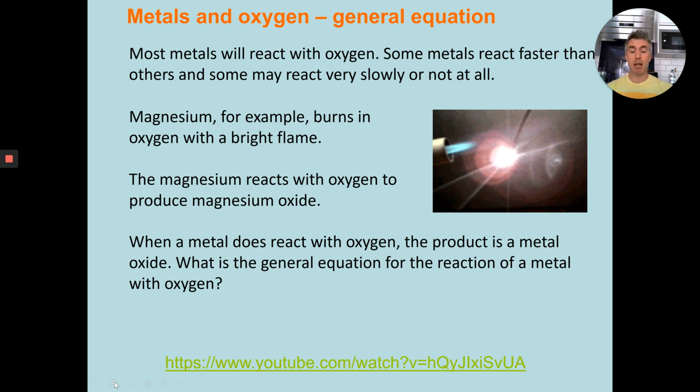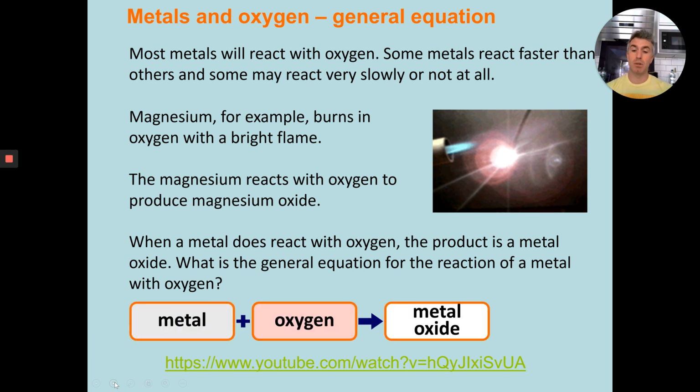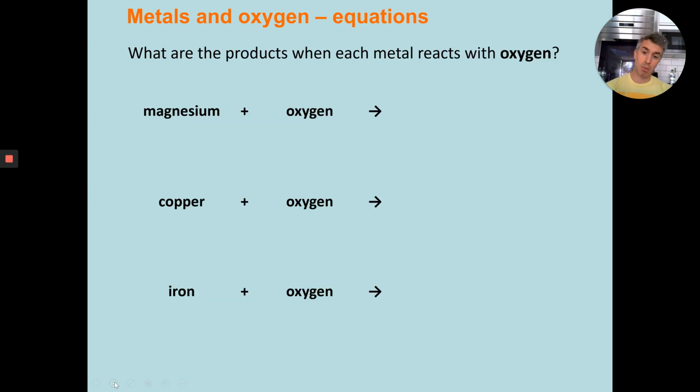Again, the general equation is the same. If you take a metal and you put it in oxygen, you make a metal oxide. There's the general form of the equation. And you can change it by putting the metal in where it just says metal oxide. Magnesium plus oxygen makes magnesium oxide. Copper plus oxygen makes copper oxide.